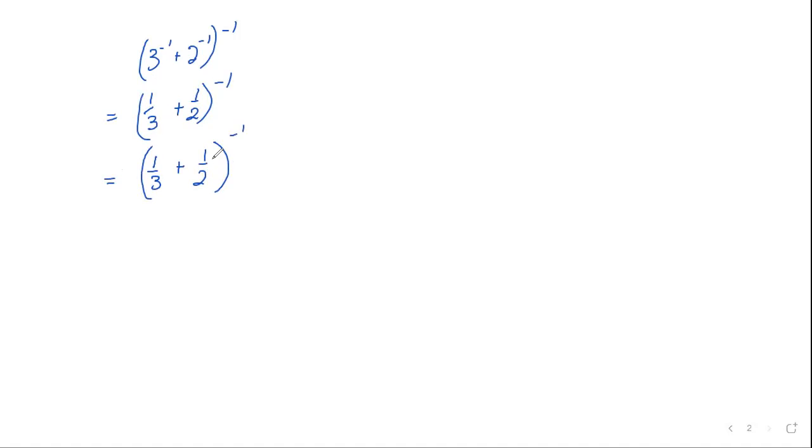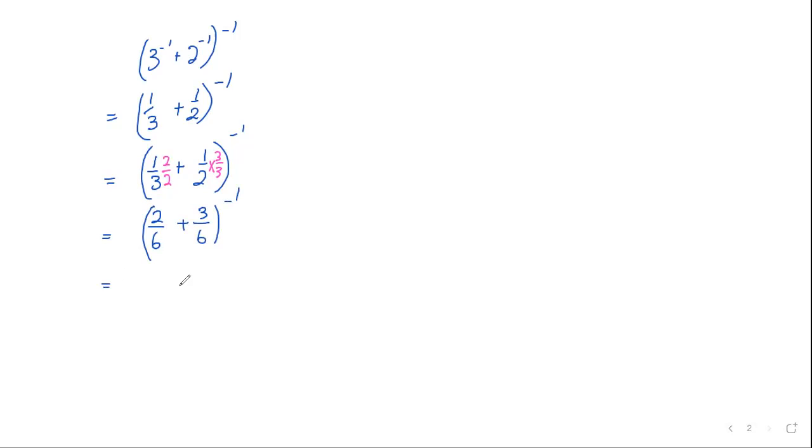These are fractions. We look for the LCM. We multiply this one by 1, we multiply this one again by 1. If you multiply by 1, you haven't done any change there. So that's going to be 2 over 6 plus 3 over 6, to the power of negative 1.